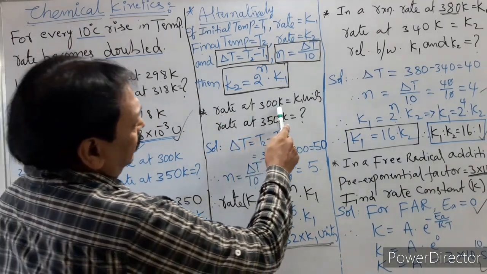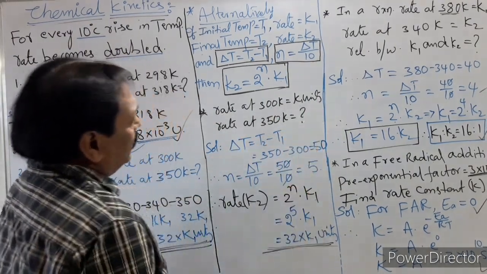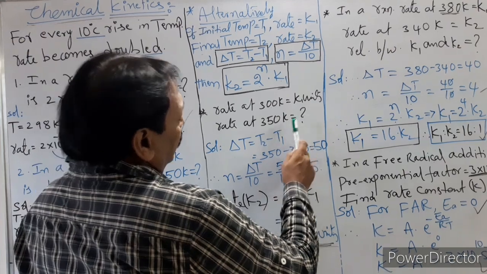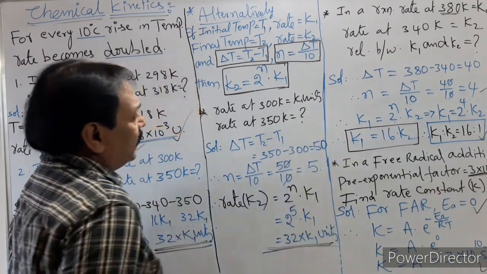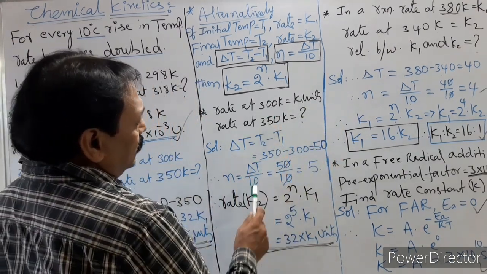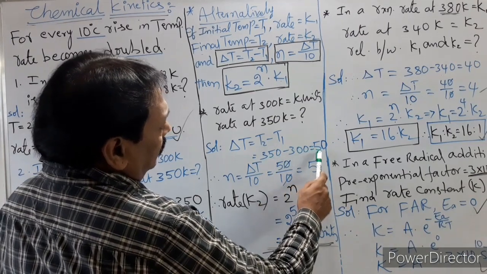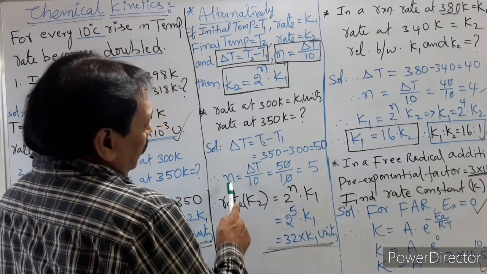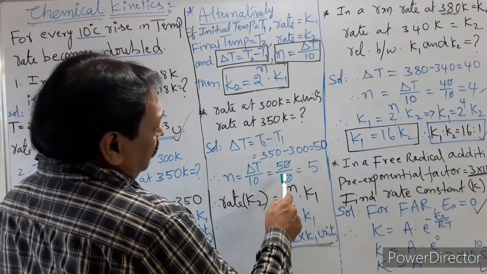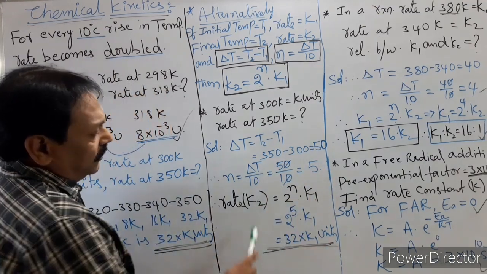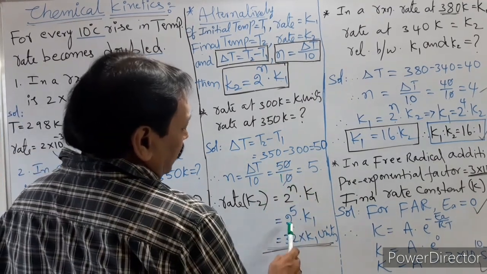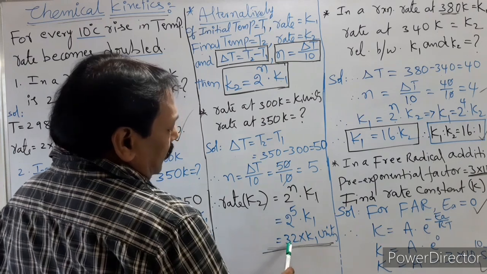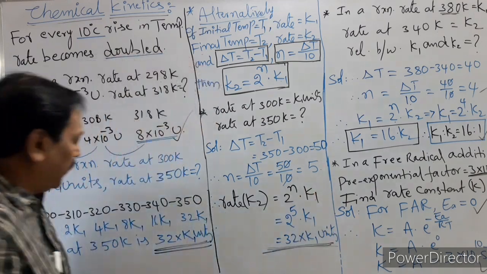The reaction rate at 300 K is equal to K1 units, the rate at 350 Kelvin is dash. Here delta T equal to T2 minus T1, 350 minus 300 equal to 50, n equal to delta T by 10, so 50 by 10 equal to 5. Therefore K2 equal to 2 power n into K1, 2 power 5 into K1, 32 into K1 units.